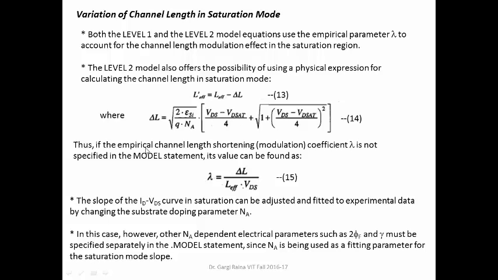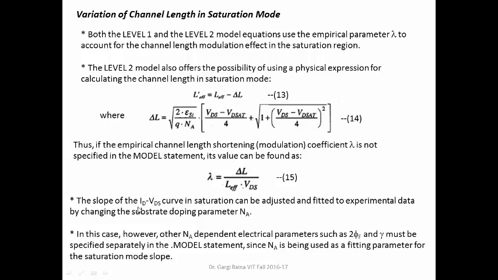So this empirical channel length shortening or modulation coefficient lambda is not specified in the model's statement. Instead, its value is found by using this expression, where lambda is given by delta L divided by L effective times VDS.